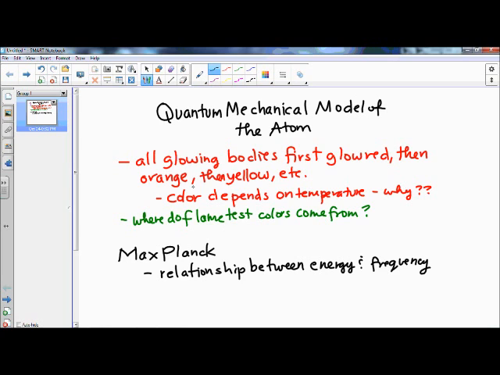So Planck believed that the glowing bodies glowed because of a certain amount of energy. Remember, temperature is a measurement of average kinetic energy. So as energy was added to the substances, the more energy they had, the greater the frequency of the line.